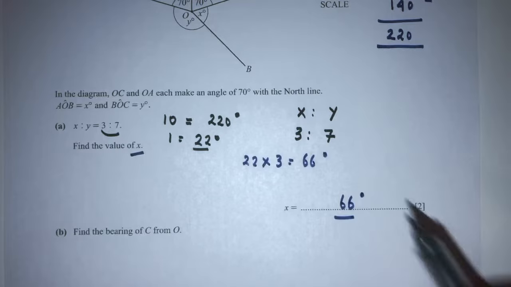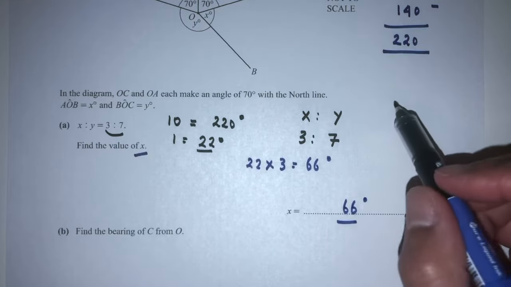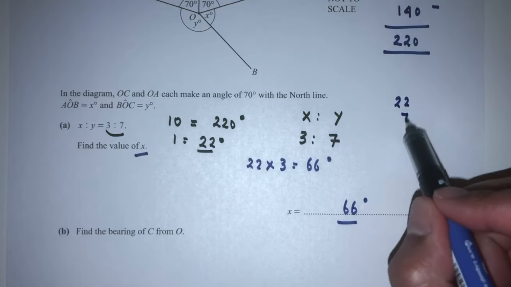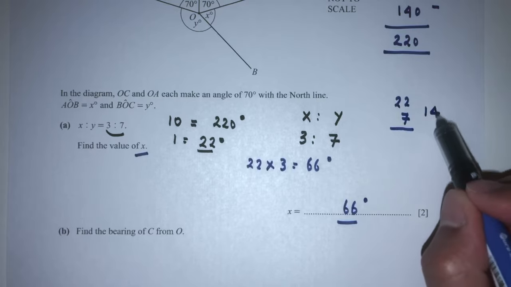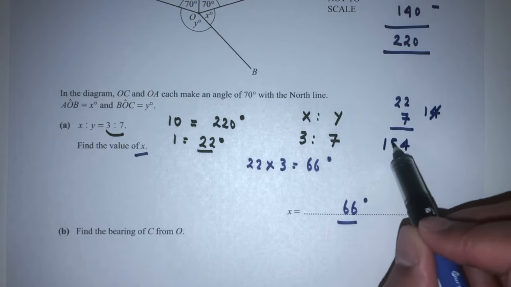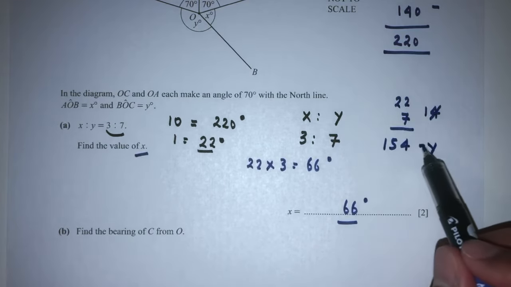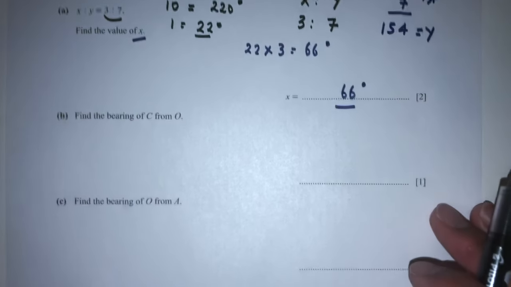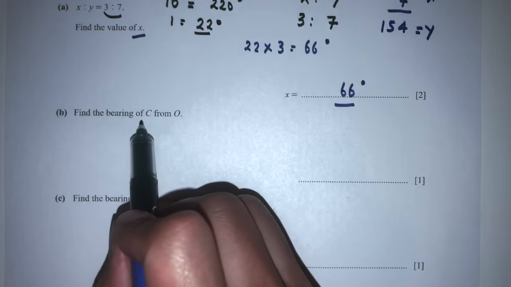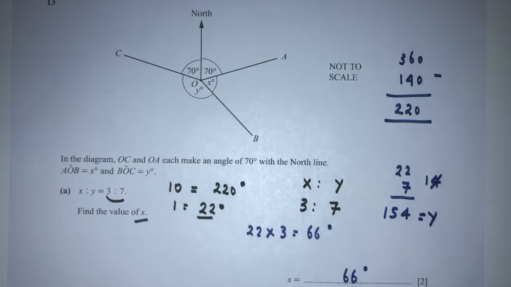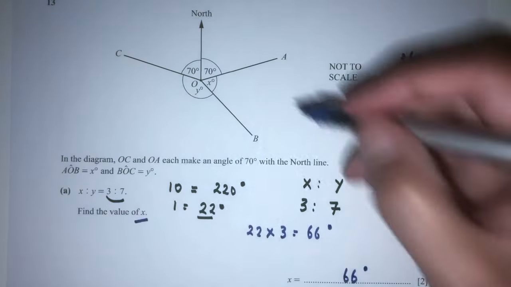But since we're here already, let's find the value for Y as well. What is 22 times 7? That will be 154 for the value of Y, in case you need that later on. Now for part B, we have to find the bearing of C from O. So C is here from O, so we have to find this angle.